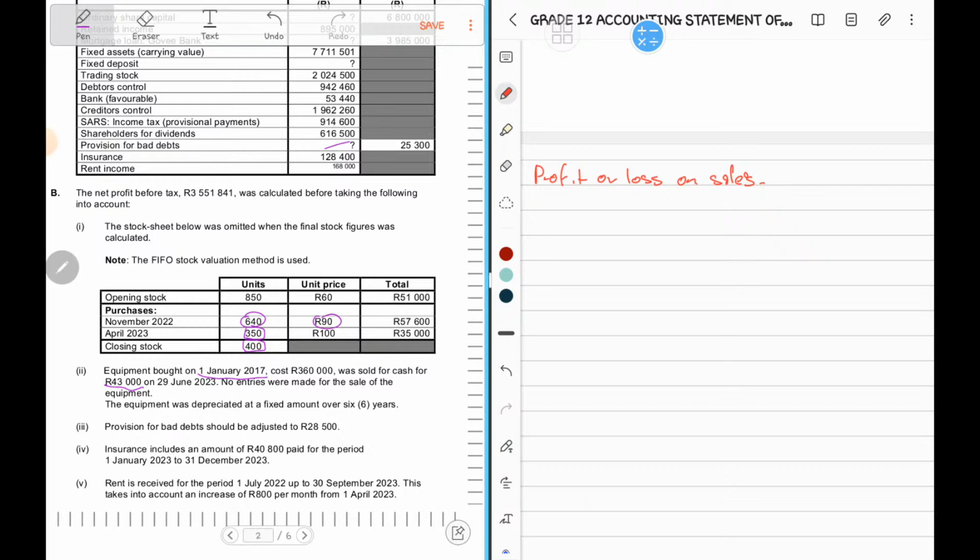Then we're also being told that there were no entries that were made. Then in terms of the depreciation, we're being told that the depreciation on this equipment is at a fixed amount over 6 years, meaning that it should be depreciated in the next 6 years by a fixed depreciation amount. So first of all, we have to find the annual depreciation.